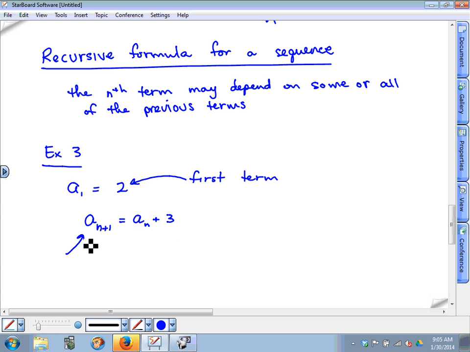Okay, this a sub n plus 1, I want you to write that and consider that to be the next term. According to this recursive formula, the next term is equal to a sub n, and I want you to label that as the current term, plus 3.